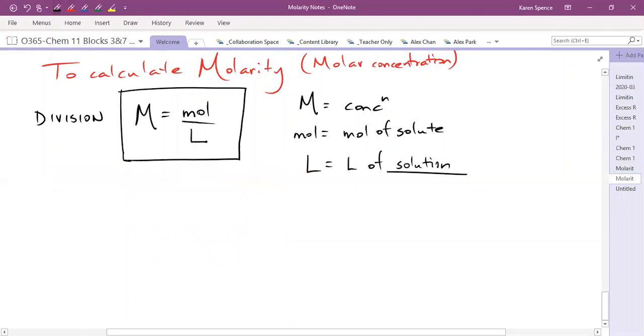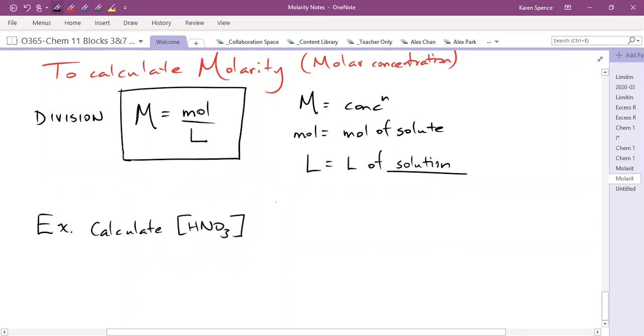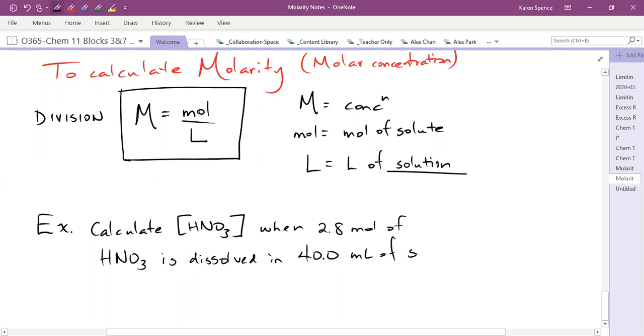All right, let's try one more example here. Calculate [HNO3] when 2.8 moles of HNO3, nitric acid, is dissolved in 40 milliliters of solution.